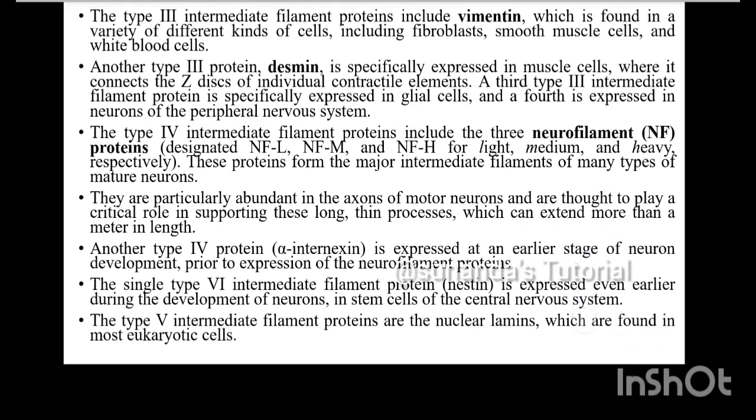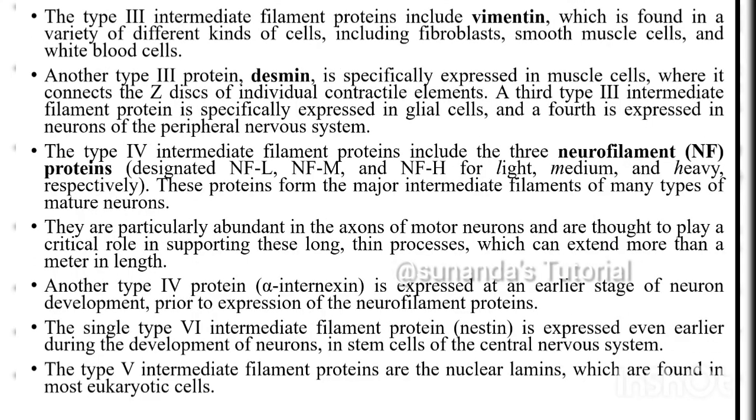Next, type 3 intermediate filament proteins include vimentin. They are found in different types of cells including fibroblasts, smooth muscle cells and white blood cells. Type 3 also includes a protein called desmin, which is expressed in muscle cells.